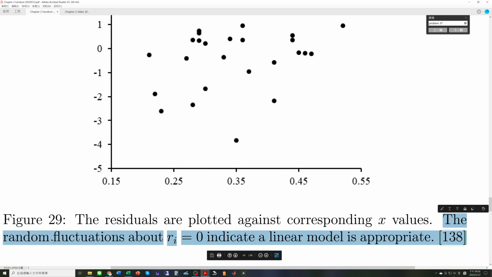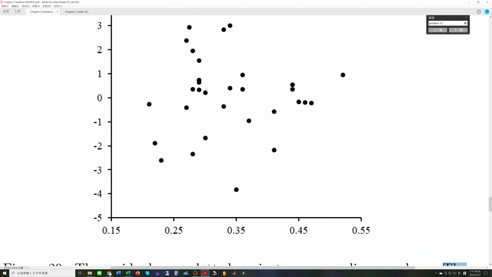The random fluctuations about Ri is equal to 0 indicate a linear model is appropriate. We can see that this line represents Ri is equal to 0.